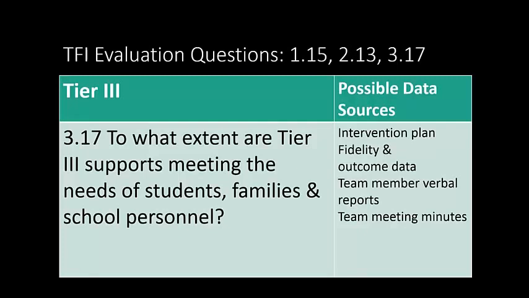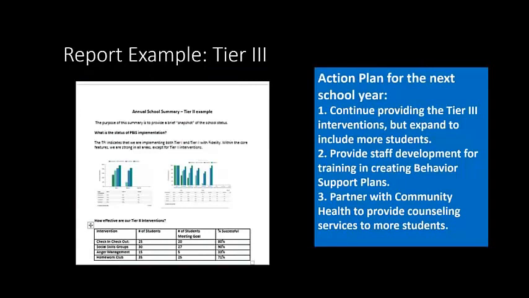I forgot to put the 2 in there, but again, it's clearly identifying the areas that we want to put in our action plan for the next year and sharing it with our staff and stakeholders.